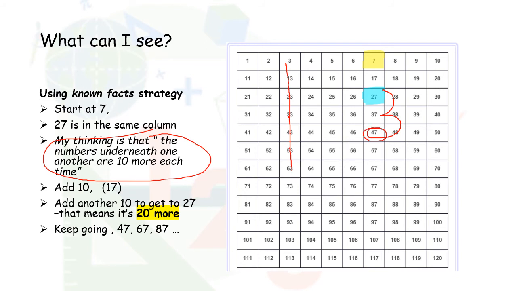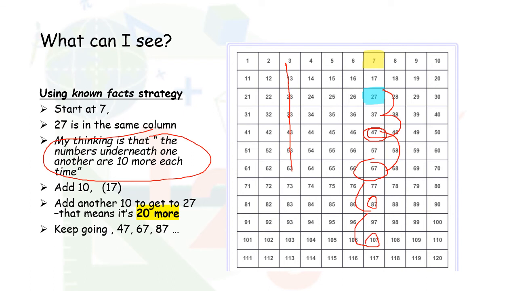Oh, and then I can do 10 more, one big jump, and jump 20, and I can go to 67, and jump 20 from there, 87, and 20 more from there is 107. Hey, that's easy.